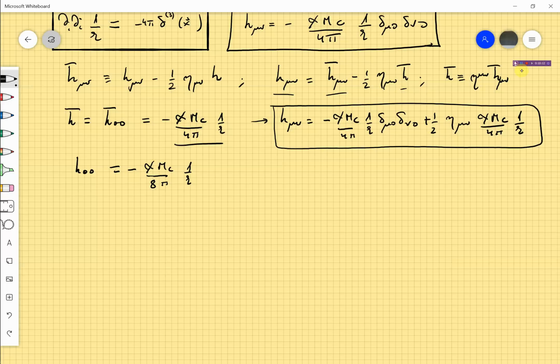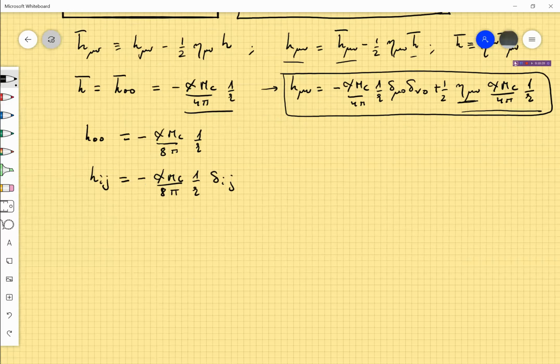And now the components h ij, the only ones that now matter, the contribution comes from here, and it would be minus delta ij from eta mu nu. So it is minus chi mc divided by 8 pi 1 over r delta ij. Okay, we're almost there.